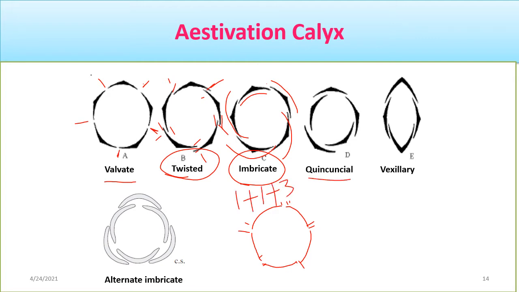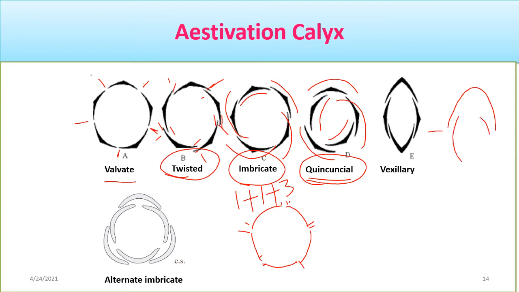In quincuncial type of estivation, this is out, this is out, this is in, and this is alternating. So this is called quincuncial type of estivation. And vexillary type of estivation is generally present with respect to corolla, not in calyx. But see, this is the bigger petal, the standard.